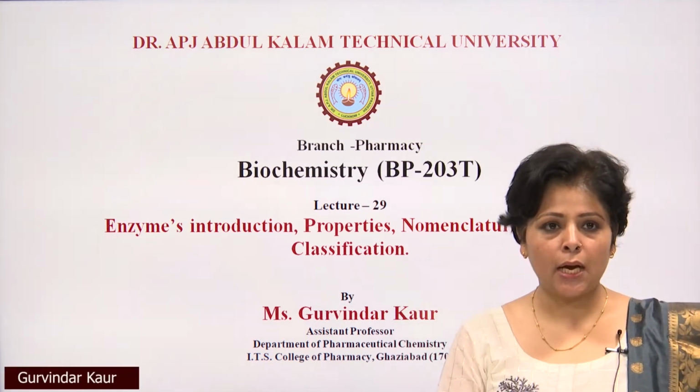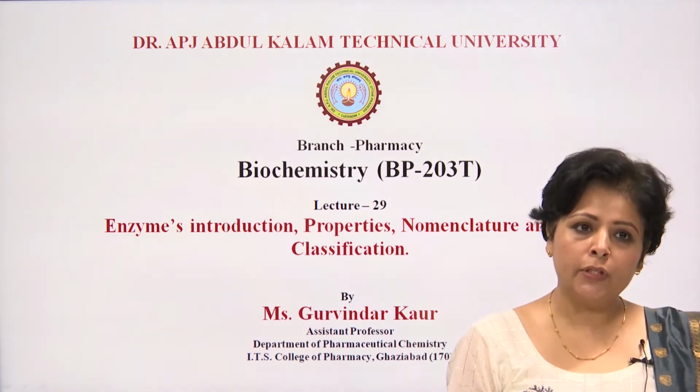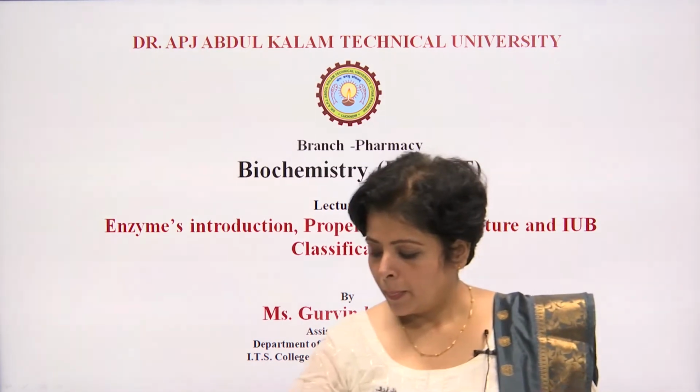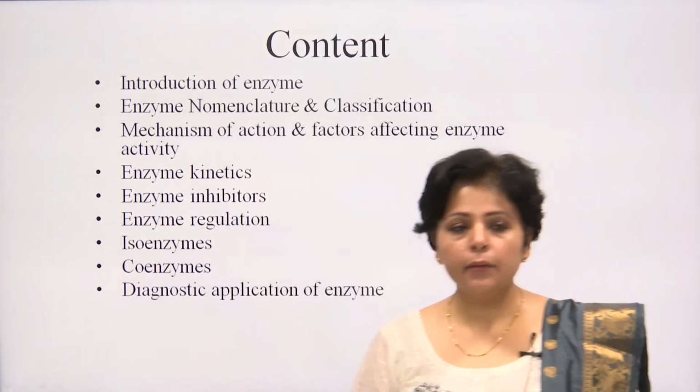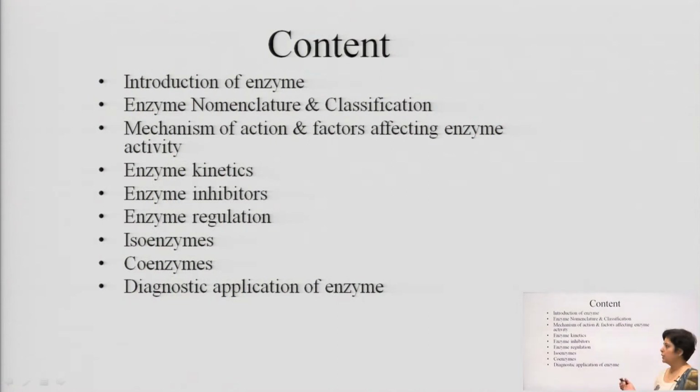Today I am going to start with Biochemistry BP 205T Unit 5, Enzyme. In this unit we will cover introduction to the enzyme, enzyme nomenclature and classification, mechanism of action, how the enzyme works in the body and what are the factors which affect the enzyme activity.